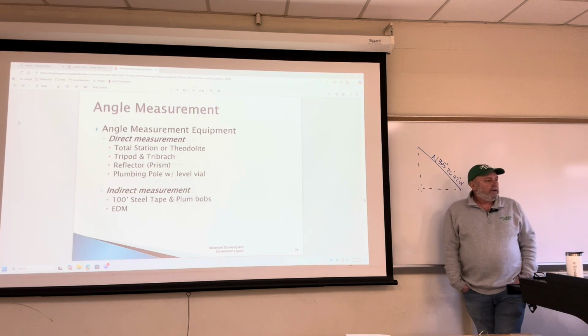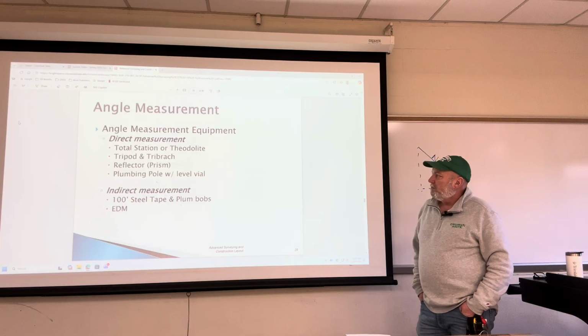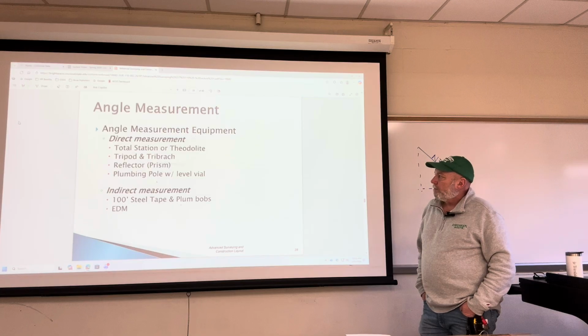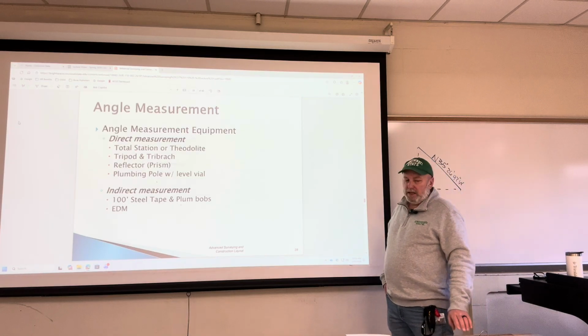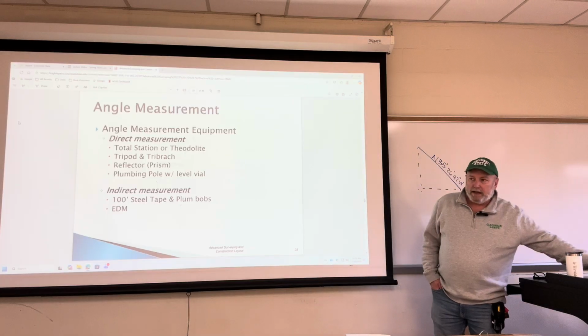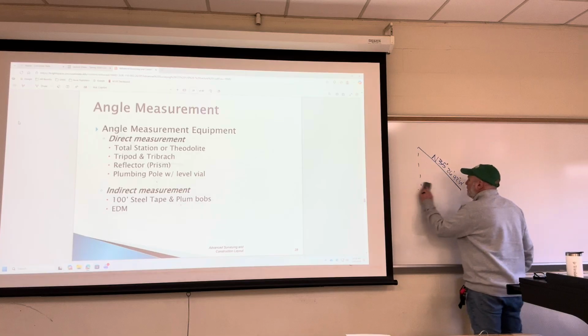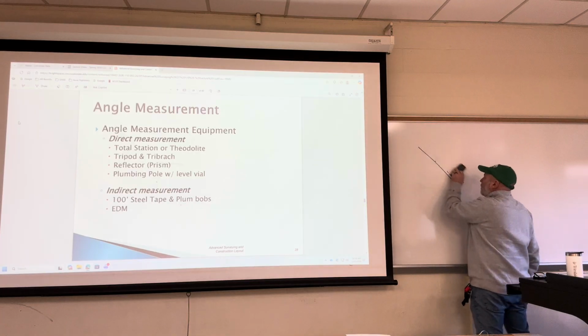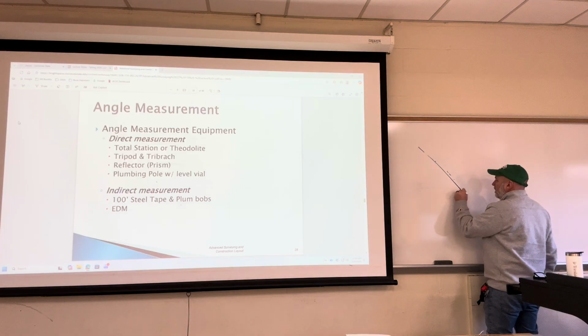Angle measurement equipment. The direct measurement would be with your total station. Direct measurement means you're sitting on the vertex of the angle. So say, for example, you set your instrument up at this point.